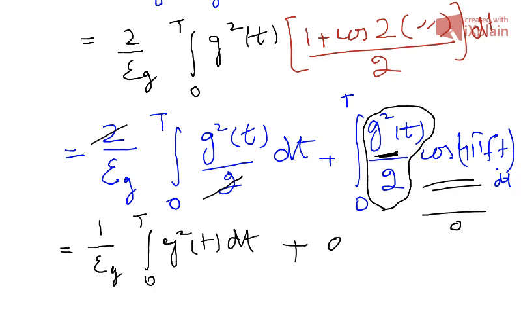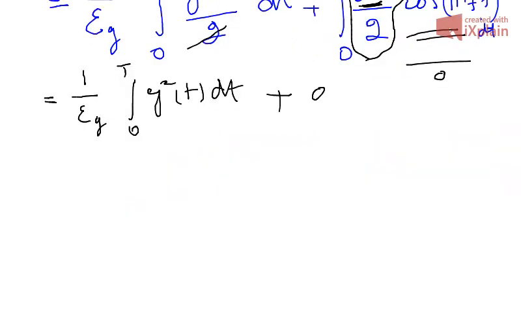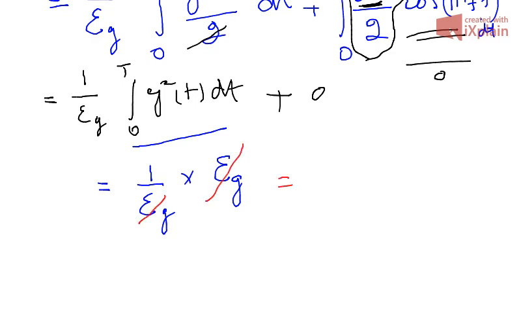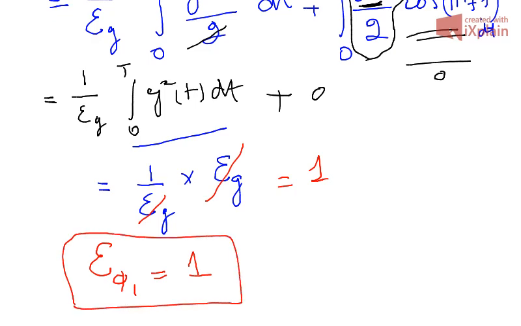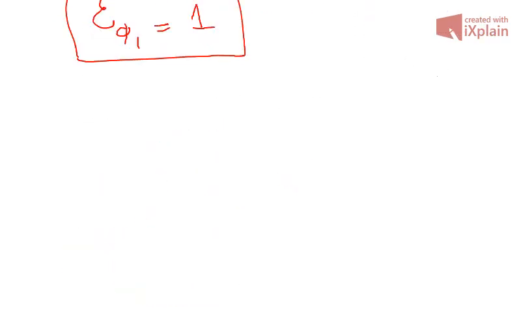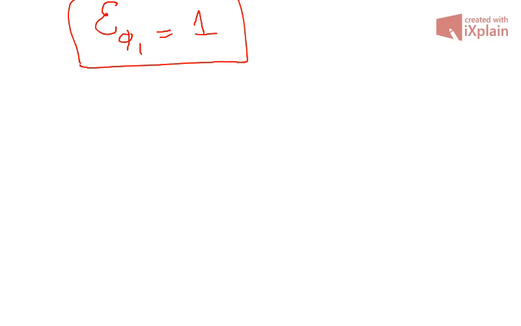So this is actually 0, and you are left with 1 over Eg, and here this is also the energy of the gate pulse, the integral of g square t from 0 to T. So now we can see that this energy is equal to unity. So the energy of phi 1 is actually unity. Similarly, you can verify it for phi 2 as well, that the energy of phi 2 is also unity.